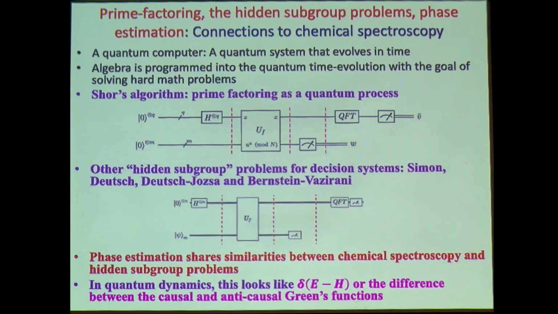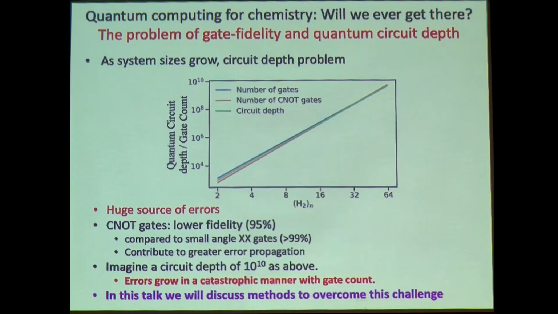They all have exactly the same mathematical structure as laid out here. So, we talk about number theory and hard mathematical problems, but we also think about things like spectroscopy here. If you have a chemistry problem, a wavepacket dynamics problem, and you do a spectroscopy, the mathematical similarity is there for us to see.